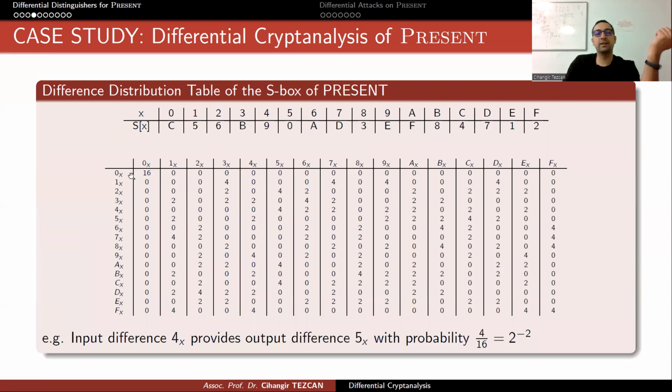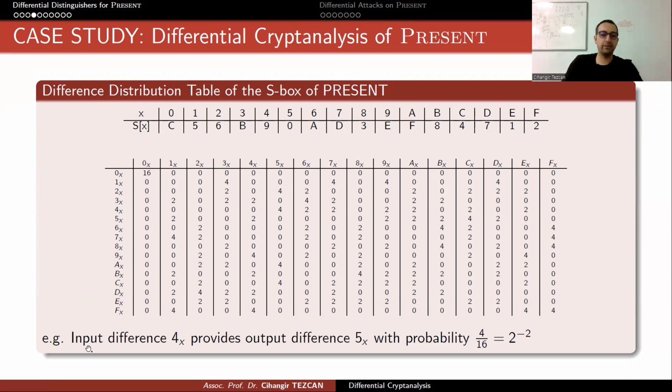For this reason, the 0th entry in the table is always 2 to the n, where n is the size of the S-box. So if you create the difference distribution table for the AES S-box, since it is 8 by 8, you will observe 256 here. And the rest will be zeros. So we are not actually interested in the 0th column or the 0th row, okay? We are interested in the rest. So let's see what the rest means.